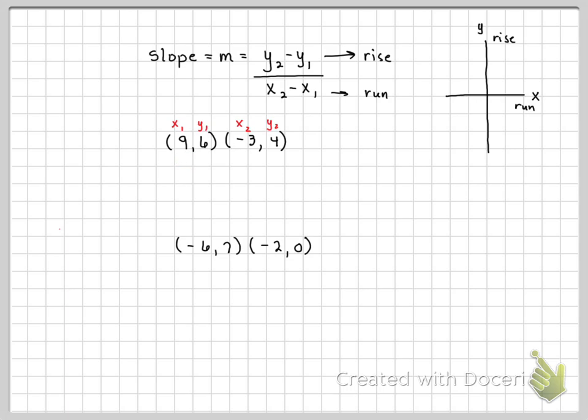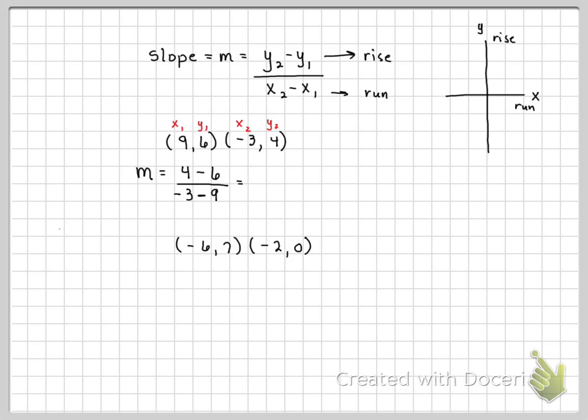Okay, so we're going to apply the slope formula. y2 is 4 minus y1, which is 6, over x2 is negative 3 minus x1, which is 9.